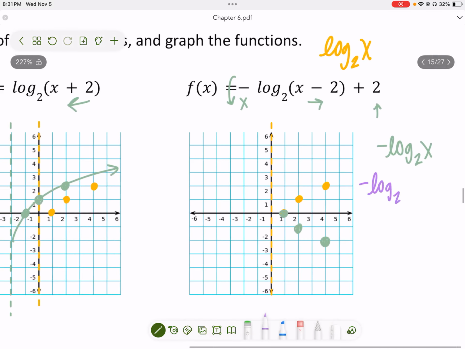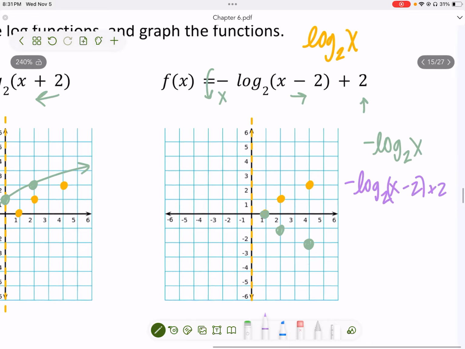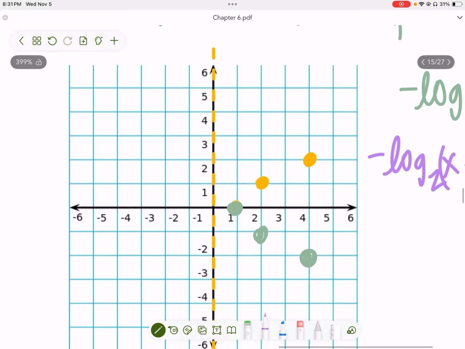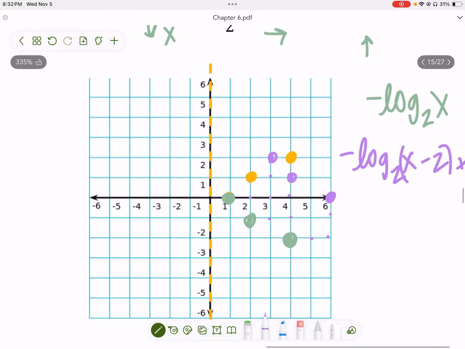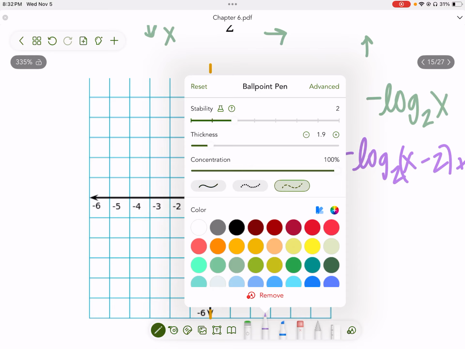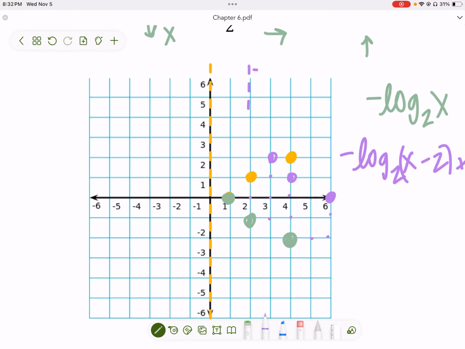Negative log 2, x minus 2, plus 2. That means I'm going to go right and up. So 1, 2, 1, 2, 1, 2, 1, 2, 1, 2, 1, 2. And asymptote is also going to move 2 to the right.